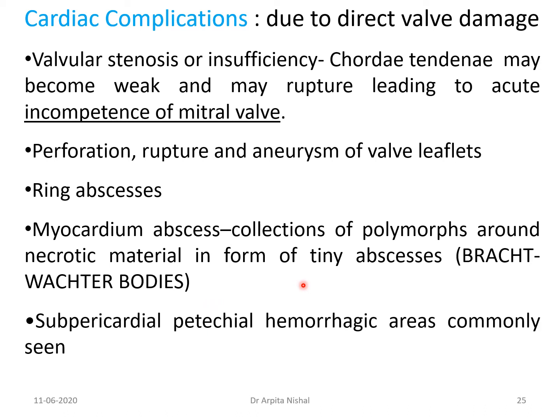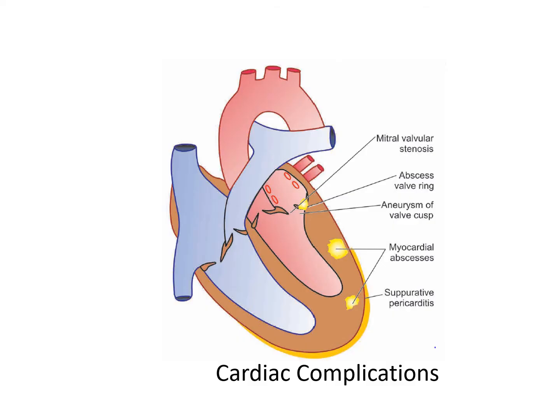Then suppurative pericarditis may occur. Subpericardial petechial hemorrhagic areas are also commonly seen. So these are the cardiac complications. Here you can see in this figure, mitral stenosis or insufficiency, ring abscess, myocardial abscess, aneurysm of the valve cusp and suppurative pericarditis may occur.